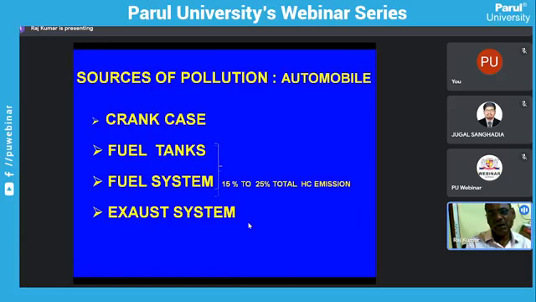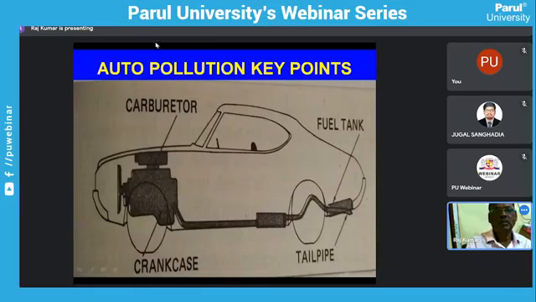These are the key points from where the emission of hydrocarbons takes place: the carburetor, the crankcase, the tailpipe, which is the exhaust system, and the fuel tank. These are the four key points.